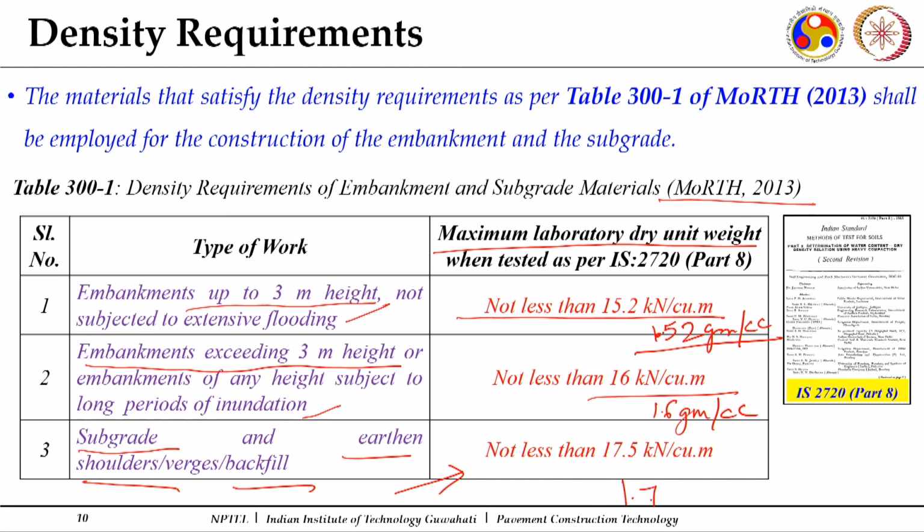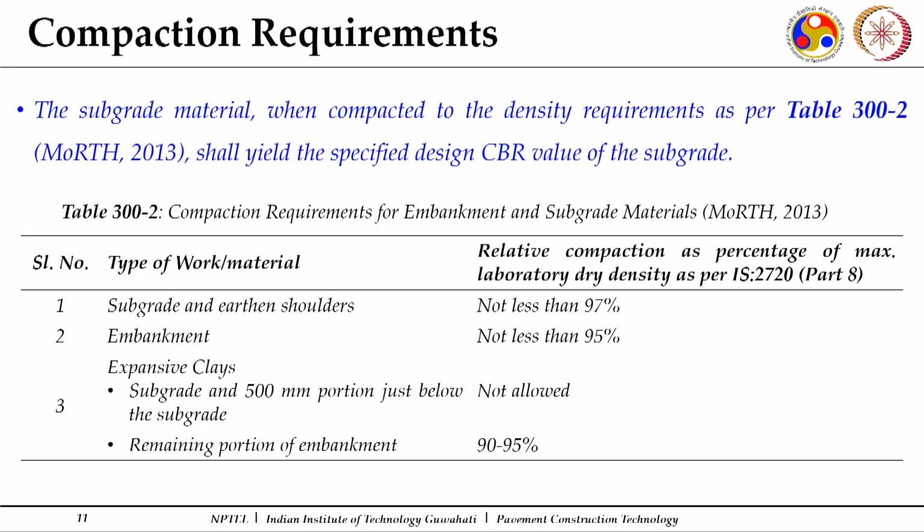So, once you have this relationship arrived for the soil samples, you will come to know whether it is suitable for my subgrade construction or earthen shoulders construction or not. So, this is another aspect which you arrive at after these measurements of the Proctor test.